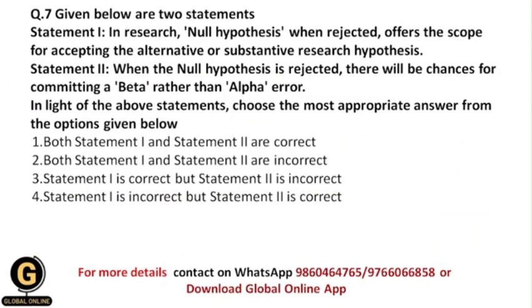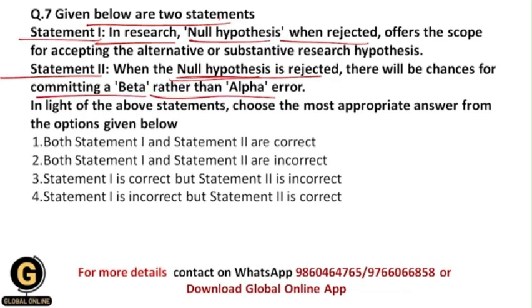Next, given below are two statements, statement 1 and statement 2. So let us see statement 1. In research, null hypothesis when rejected offers the scope for accepting the alternative hypothesis or substantive research hypothesis. Okay, and statement 2 is when the null hypothesis is rejected, there will be chances for committing a beta rather than alpha error.